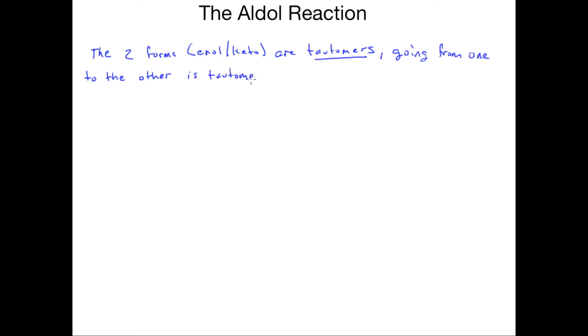Now, I just told you that most things would like to be in the keto form. However, you have to watch out for this: some tautomers are more stable in the enol form. I'll give you an example.